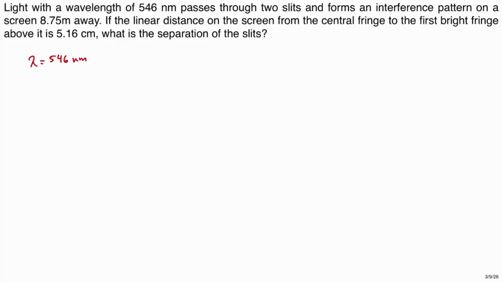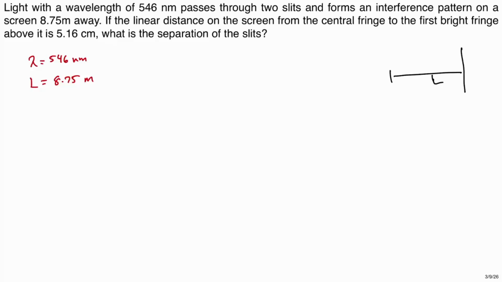So they've given me some other numbers, right? This 8.75 meters, what is that? That's the L. That's the distance between the screen and where the pattern is happening. The picture you want for double slit is the one I just drew: you've got the two slits, you've got some distance L, and then you've got the screen over here.